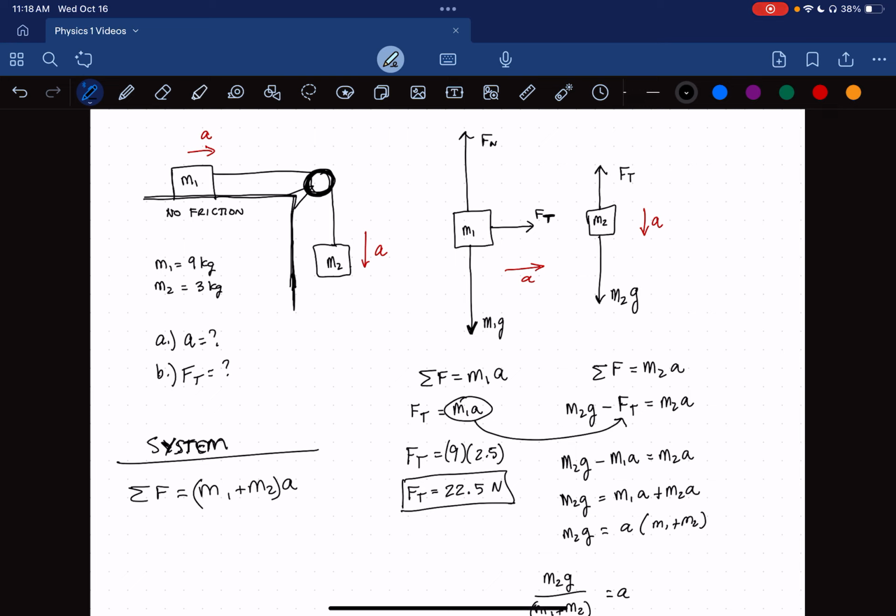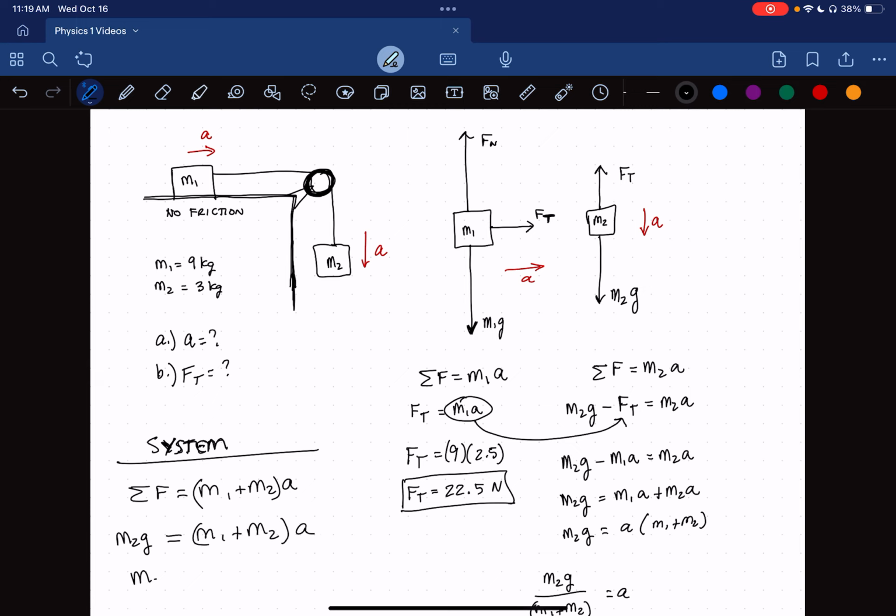If you think about it, what's making this system accelerate is the m2g. The gravitational force on m2 is what's pulling this thing through. There's not really a force that opposes. Yes, we have a tension force that's pulling up on this, but we also have a tension force that's pulling to the right on m1, so those are kind of canceling there. This is the only force contributing to that acceleration.